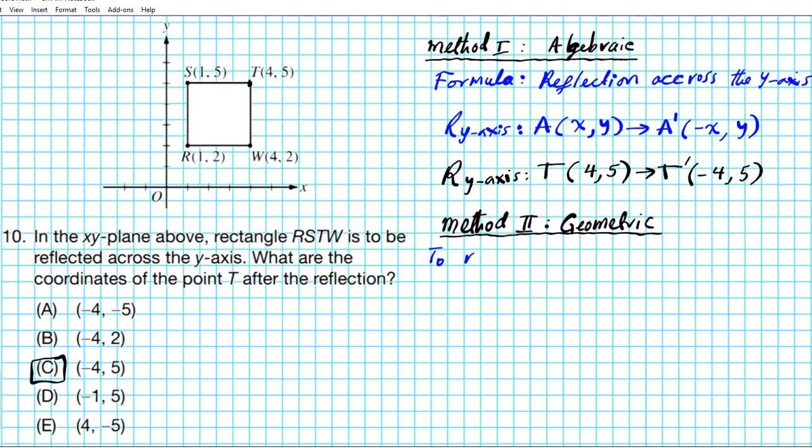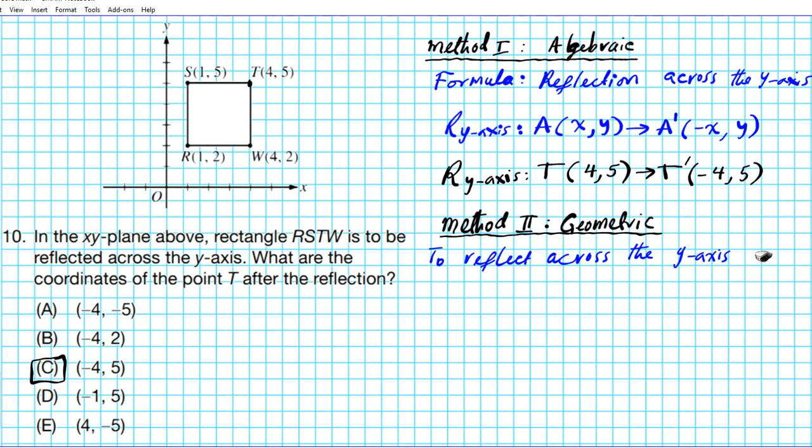To reflect across the y-axis. So what you're going to be doing is you're going to be manipulating the y-coordinates.